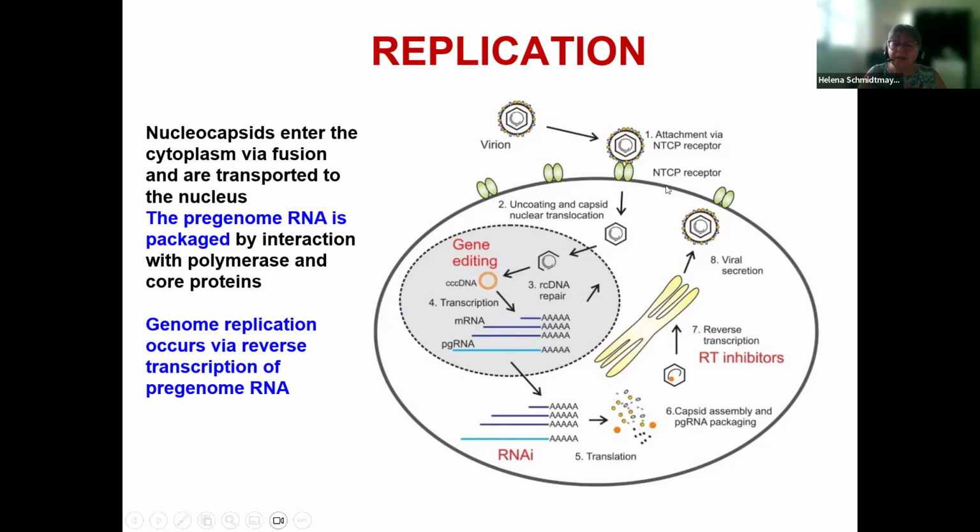And upon binding, the viral membrane fuses with the target cell membrane, and nucleocapsid is released into the host cell cytoplasm and travels into the nucleus. Within the nucleus, the partially double-stranded DNA is completed and forms fully double-stranded circular DNA, which is normally not integrated and serves as a template on which cellular RNA polymerase II transcribes the viral mRNA.